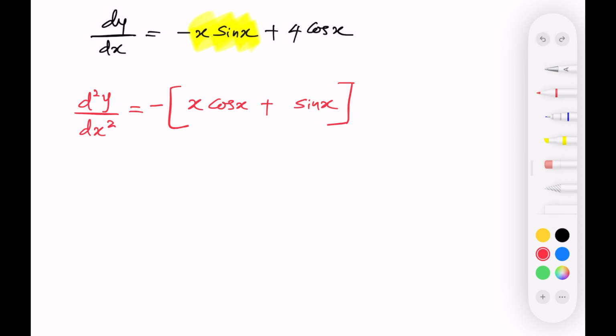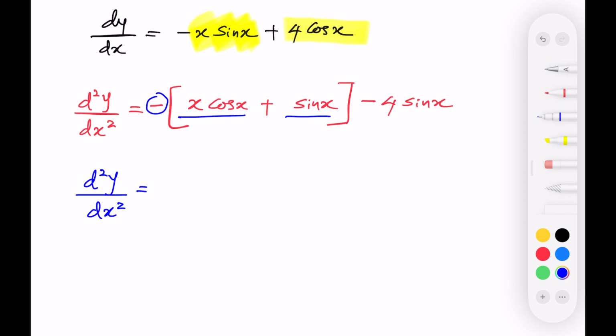And then I have this plus sign right here. However, when I differentiate 4 times cosine x, since the derivative of cosine x is equal to negative sine x, that plus sign can be simply replaced by the negative symbol and write it as 4 sine x. Now we can simplify the second derivative of y and keep our final answer. d squared y over dx squared should be equal to, I need to distribute this negative symbol into each of these two terms within brackets.